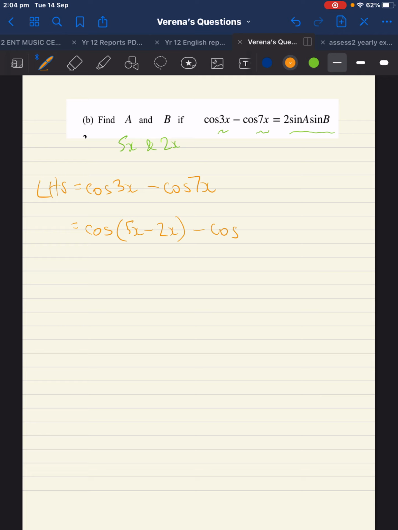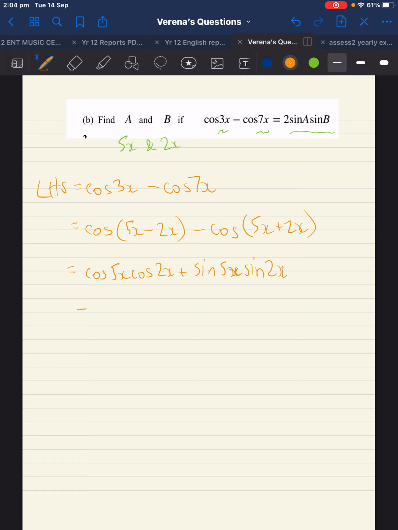And then over here, I replaced 7x with 5x plus 2x. And by doing this, I can now use that result, which I know will give me some sine A, sine B's, so to speak. All right, so we end up with cos 5x cos 2x plus sine 5x sine 2x.